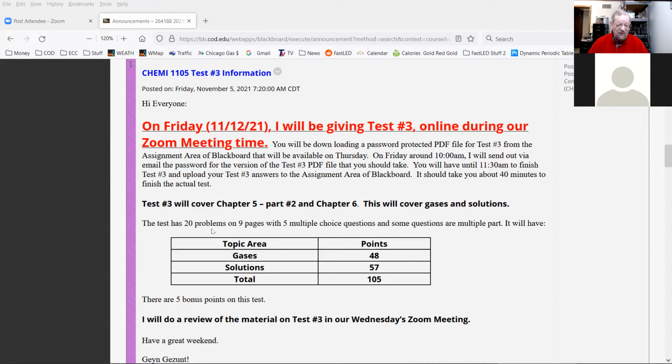The test has 20 problems on 9 pages with 5 multiple choice, and some of the questions are multiple part, like parts A, B, C, and D. The points by topic area: gases will be 48 points, solutions 57, and it adds up to a total of 105, which means there are five bonus points.